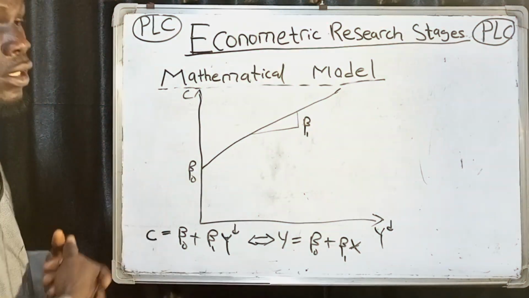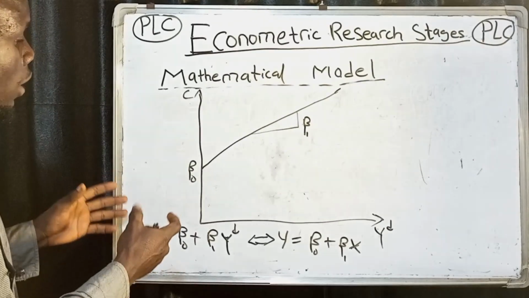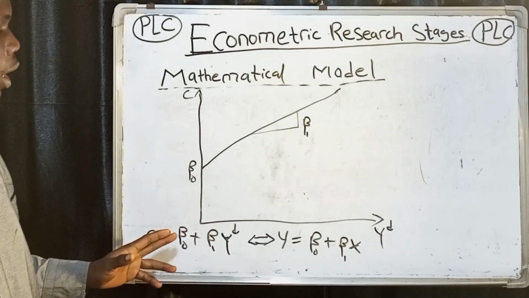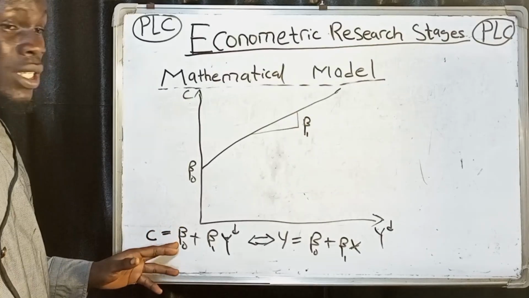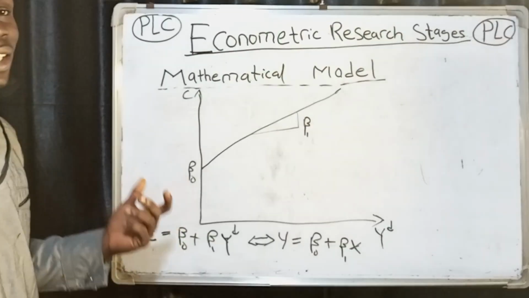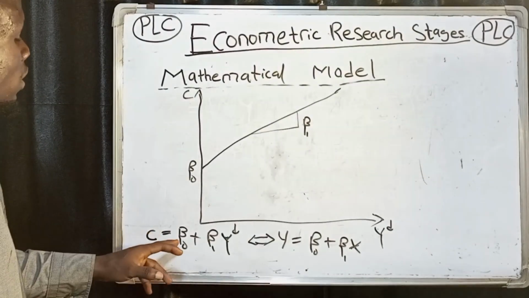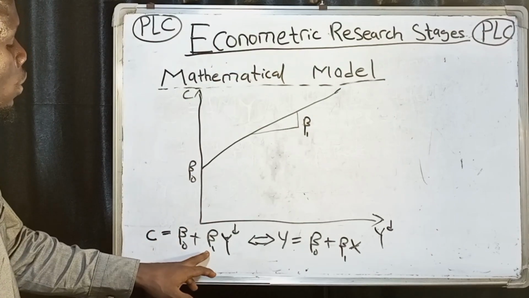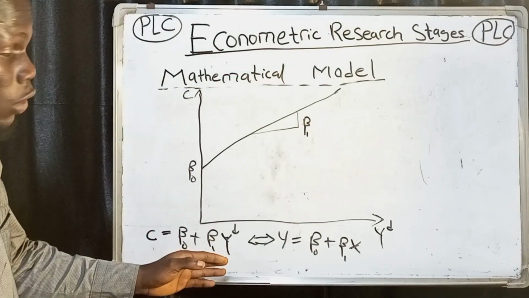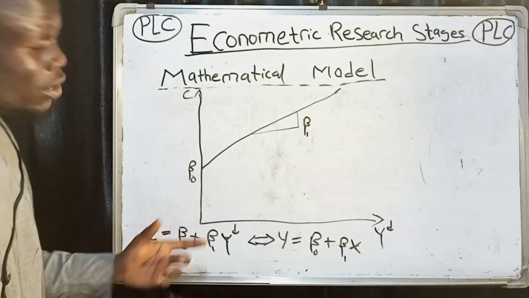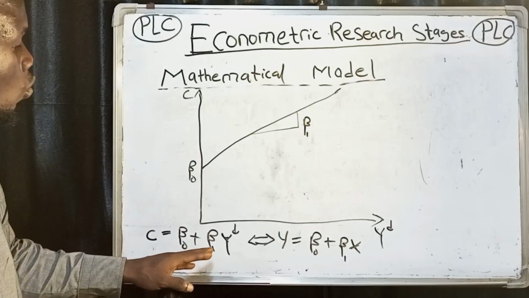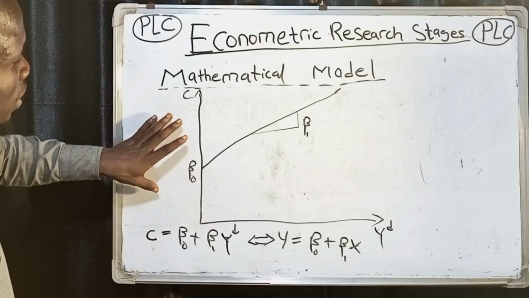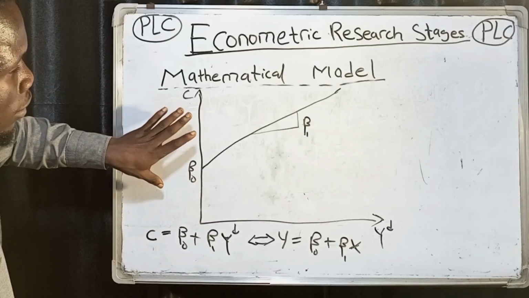Geometrically, we have this function represented thus. This beta naught is the intercept, while this is the coefficient of our disposable income, otherwise known as the marginal propensity to consume, and this can be represented graphically thus.